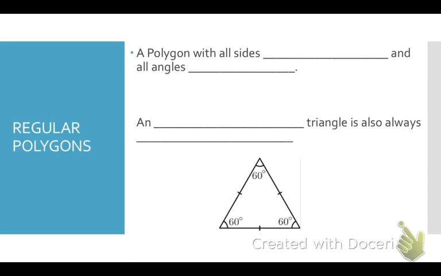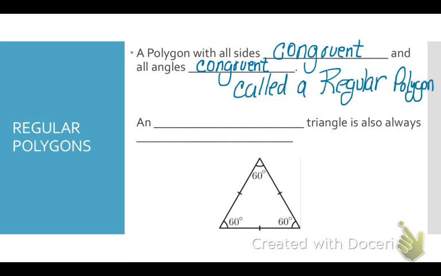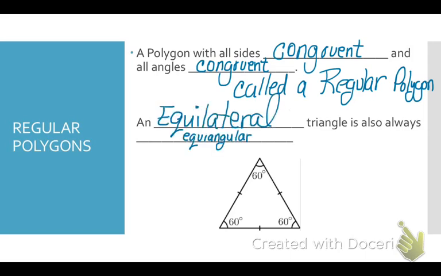Now, a polygon with all sides congruent and all angles congruent is called a regular polygon. In the case of a triangle, a regular triangle is equilateral as well as equiangular. So an equilateral triangle is always equiangular because it's a regular polygon.